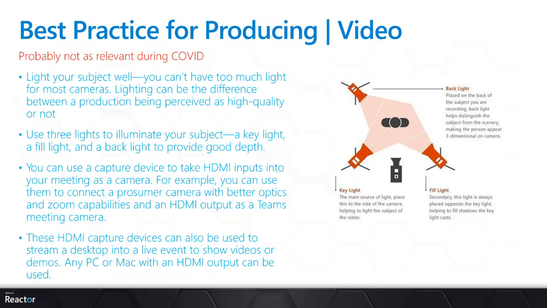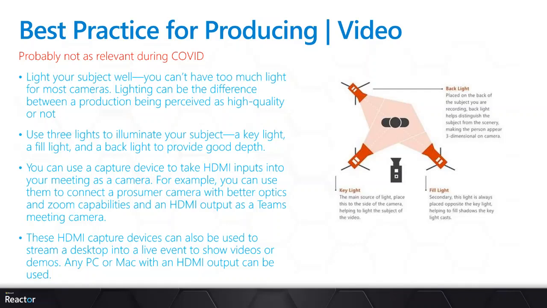So try and make sure that the subject, i.e. the person more likely, is well lit. Try and get as much light into the shot as possible, so that the brighter it looks, the more high production value it looks, and that's going to come across on the event quite well.